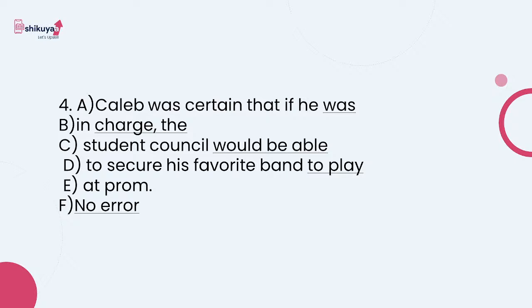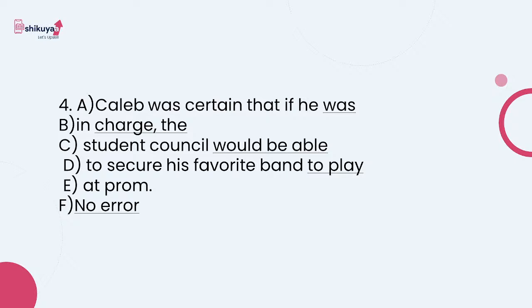Part B, in charge the, there is no kind of error, no need to change. Then part C, student council would be able, this is also a clear part. Part D, to secure his favorite band to play, there is also no kind of error at program. Okay students, so there is an error in part A. Caleb was certain that if he were in charge. Okay, that would be the right part.